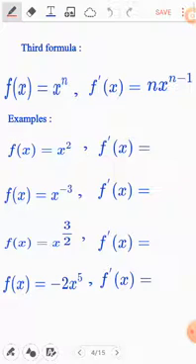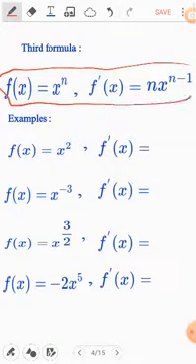The third formula: if we have a function f of x equals x power n, then its derivative is n, the exponent, times x power n minus 1. This is the new formula. If f of x equals x power n, then f prime of x equals n times x power n minus 1.